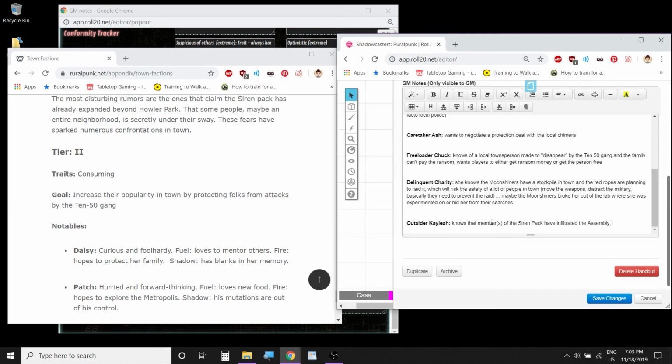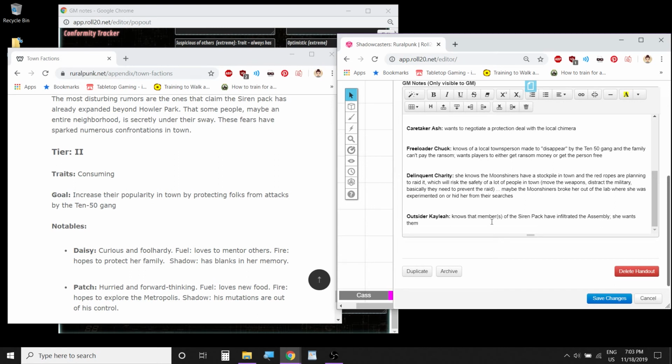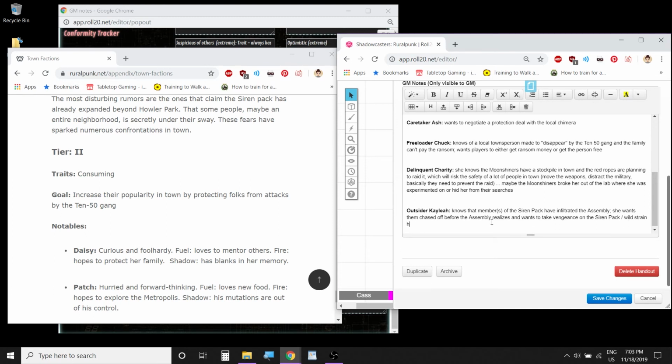And she wants them chased off before the Assembly realizes it, and wants to take vengeance on the Siren Pack and wild strain humans.